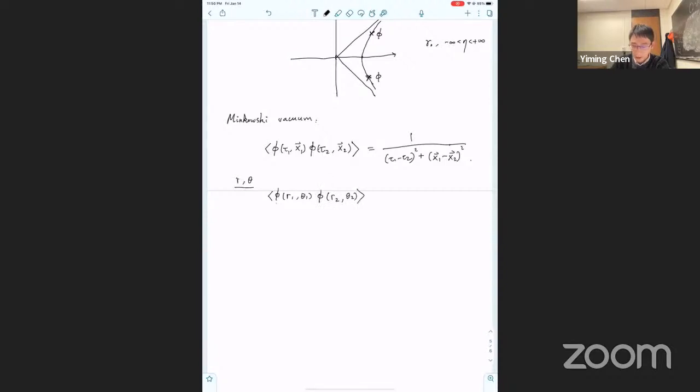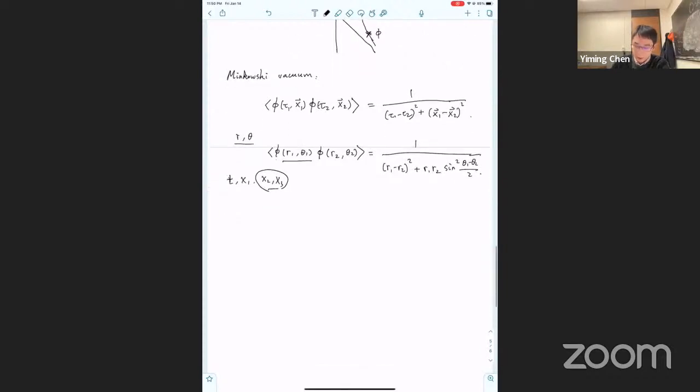And let's say that for the rest of the dimensions, this only covers t and x1, and we also have x2, x3. Let's say they sit at the same location at x2 and x3. So if you just do the same change of coordinate, you see that it is given by 1 over r1 minus r2 squared plus r1 r2 times sine squared of theta 1 minus theta 2 divided by 2.